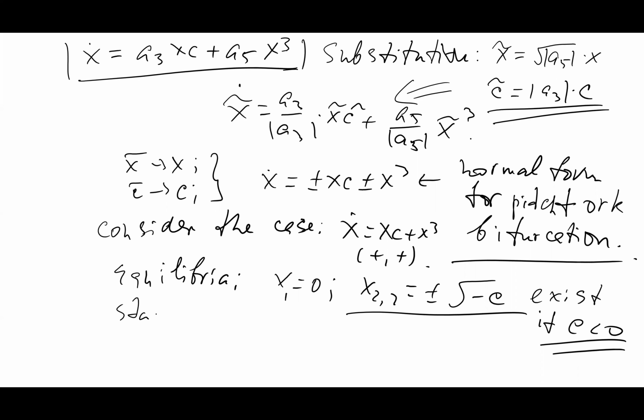And about stability, the derivative of f over x is c plus 3x squared, and the derivative of f at x equals 0 will be c.